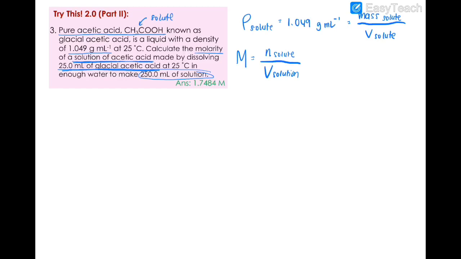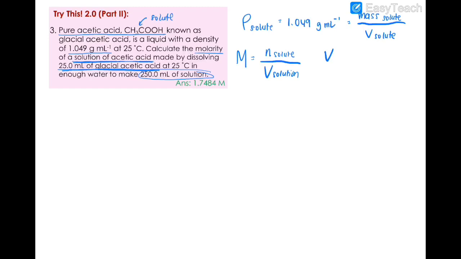And also given to you that dia bagi tahu yang solution tu macam mana kita nak buat. Kita akan dissolve 25 ml of glacial acetic acid. Bermaksud 25 ml tu, itu adalah volume siapa? Volume solution, solute ataupun solvent.